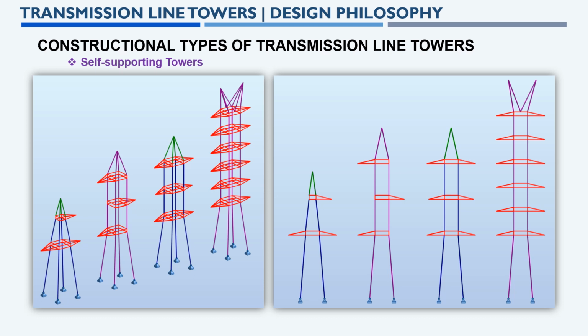Similarly, the second one is also a single circuit, where every phase of conductor is connected in each arm, top, middle and bottom. The third one is a double circuit, and the fourth one is a multi-circuit, four circuits.